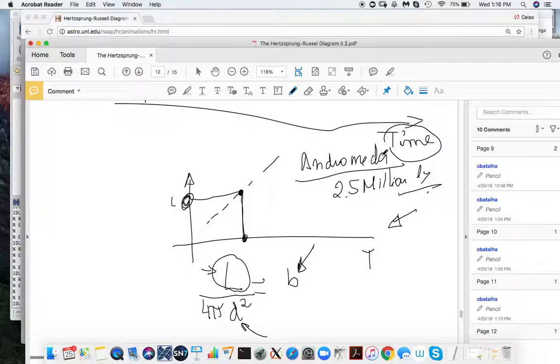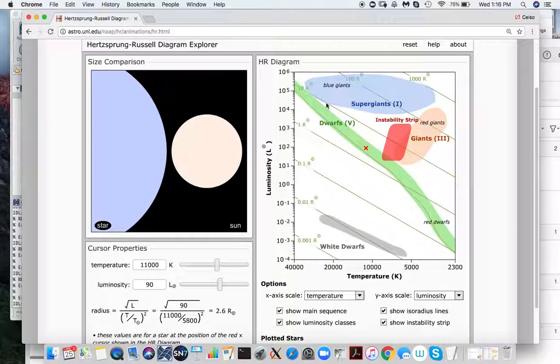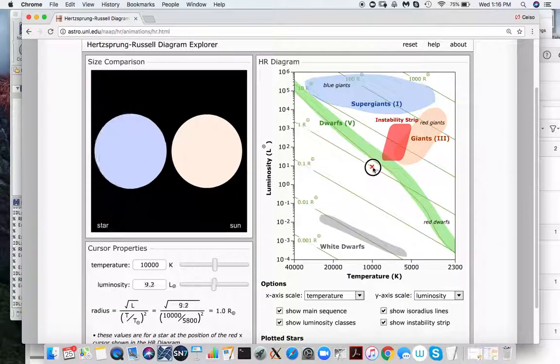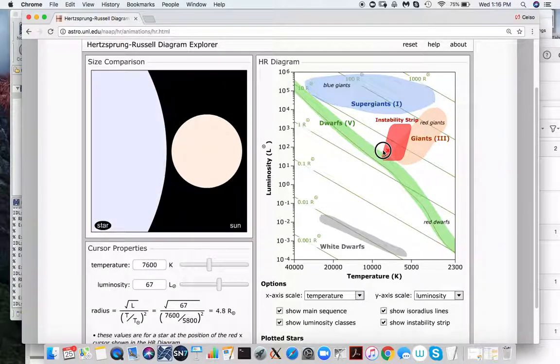So in other words, what is this instability stripe important for? Well, it is a region in the HR diagram. If the stars have the proper mass, which means they are somewhere here, when they evolve off the main sequence, they are going to go through this pulsating phase.